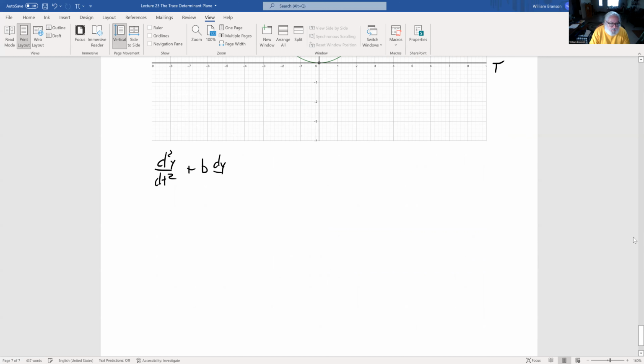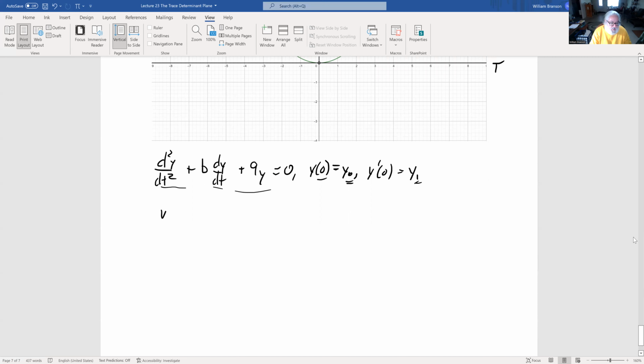Initial conditions y0, y1, this is your initial velocity, initial position, this is the spring equation.